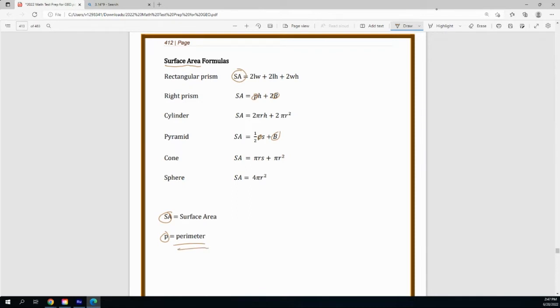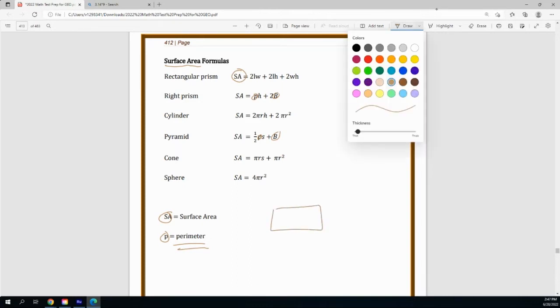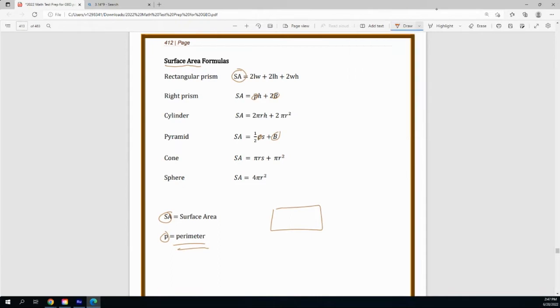What perimeter means is, let's say I have a shape. Perimeter would say, well, what is the distance from one side of my shape all the way around? So perimeter means the distance around a shape.